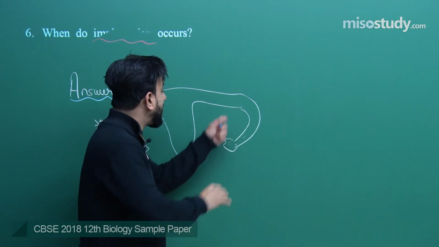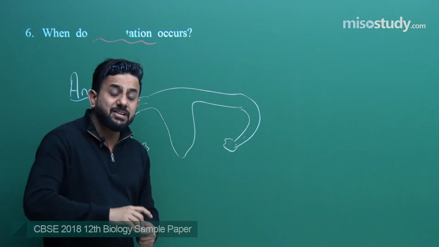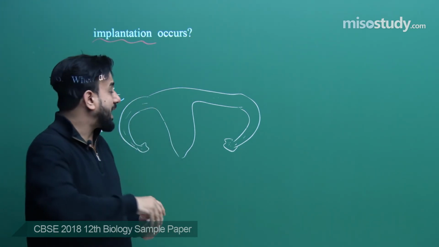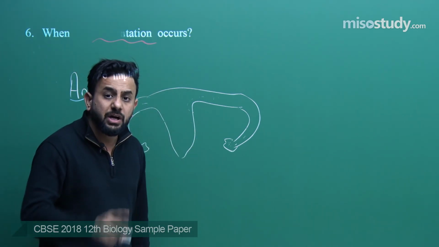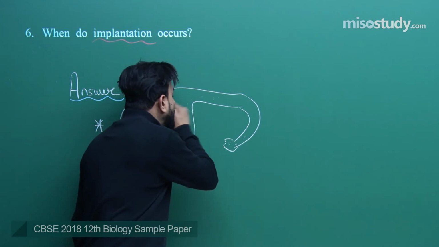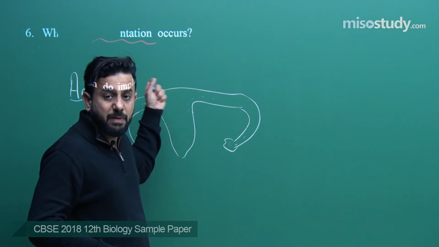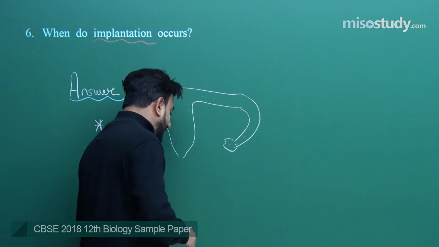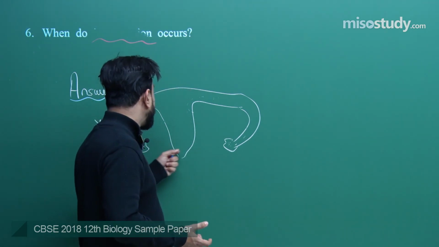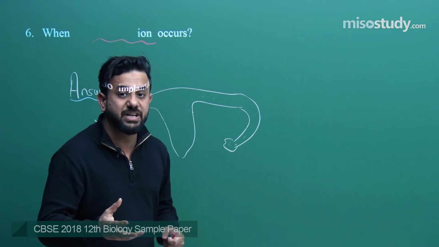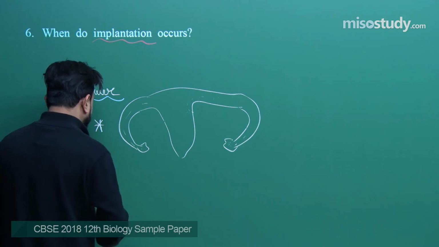Once the fertilization of that egg cell with the male gamete has taken place, it will come here and bind to the endometrium wall of the uterus. This binding is called implantation. And this implantation will take place at the blastocyst stage.